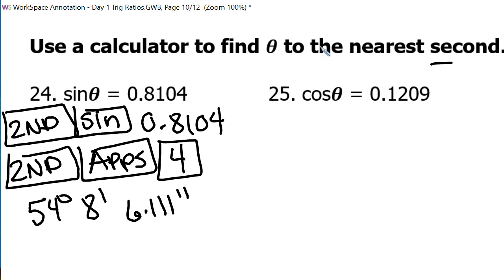But I need to round to the nearest whole second. So you cannot leave a decimal with your second. So this would be 54 degrees, 8 minutes, instead of 6.11. Does that round up or stay the same? Stays the same. So this would be 6 seconds. Okay, I want you to do 25 and 26.